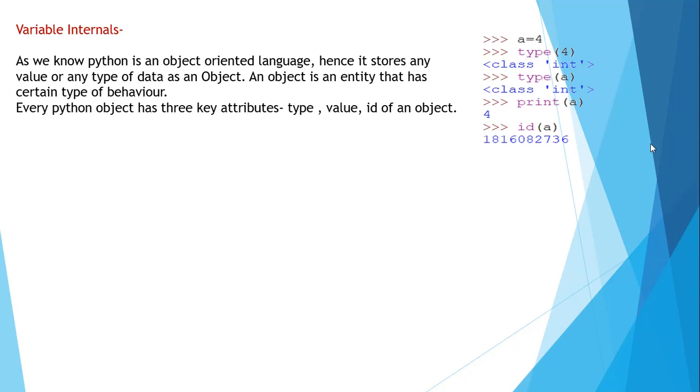Okay, let's move further. Let's move on to the operators. What are operators? Operators means any particular symbol which you use for triggering some operations. Okay, let's try to define it properly.